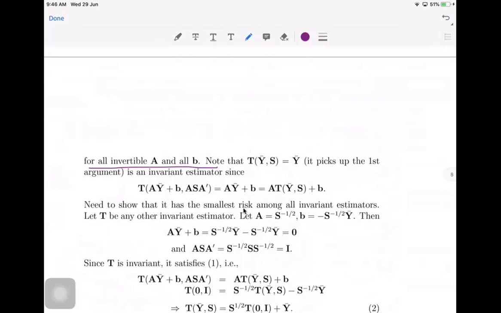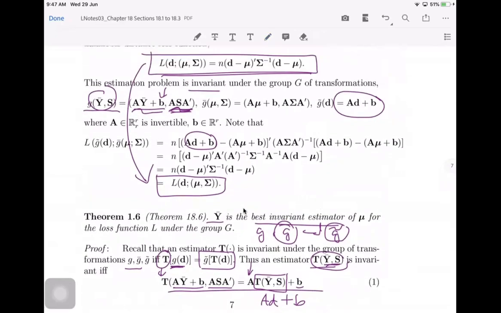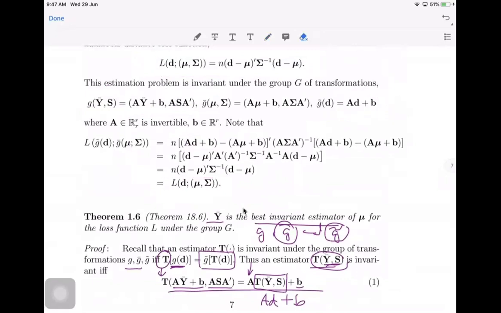So if we look at how the transformation is done, note that T of Y bar, S is equal to Y bar. It picks up the first argument in an invariant estimator. The transformation just takes the first argument, where your D here is Y bar.